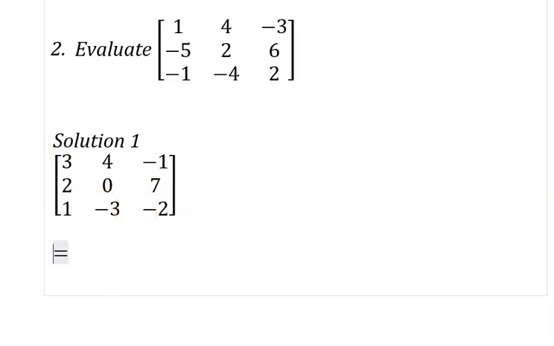For you to start, you have to cross all the numbers here and all the numbers here. But take note, where they meet, the meeting point here, the number there is 3.